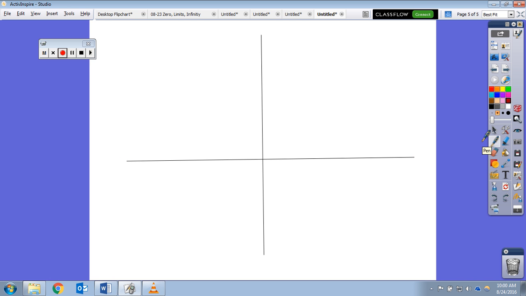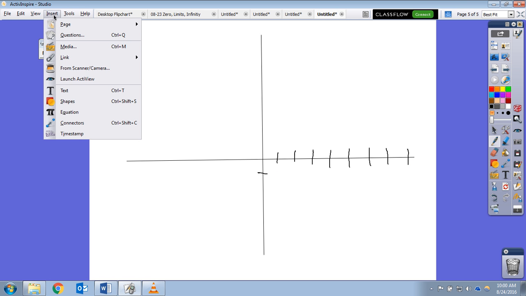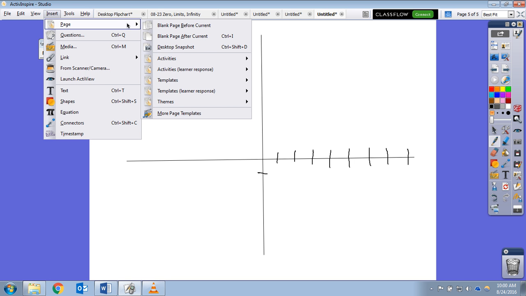Okay, let's do some increments. Of course, this is hand drawn. I'm sure there's somewhere on here where I could have just thrown in graph paper on the background. If you guys know what it is, let me know. You guys remember where that is under tools or insert? Insert, is it a page type? Templates? No, it's not a template. Themes.